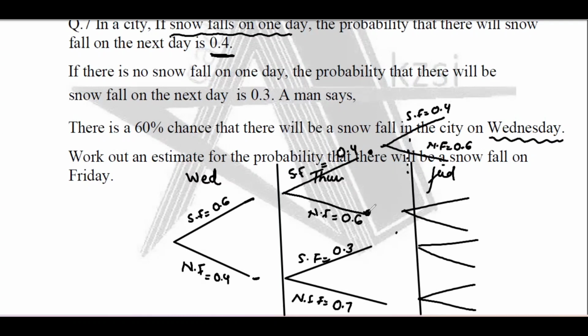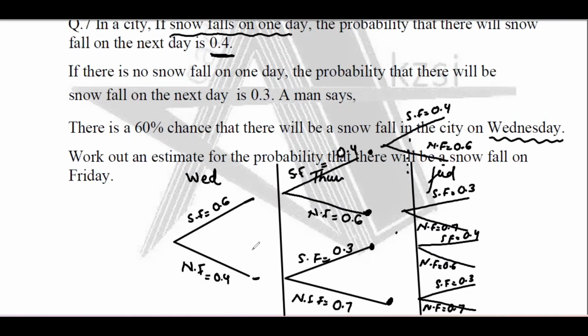If there is no fall, the next day the snowfall possibility is 0.3 and no fall possibility is 0.7. Similarly for this other branch: if there is a snowfall, next day snowfall is 0.4 and no fall 0.6. If no fall, next day snowfall probability is 0.3 and no fall is 0.7.